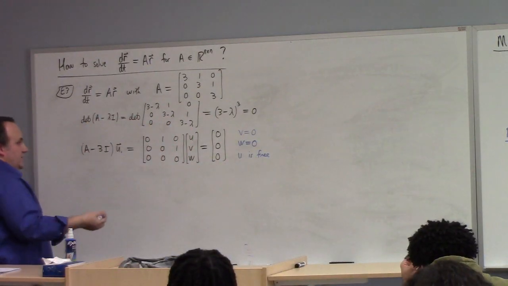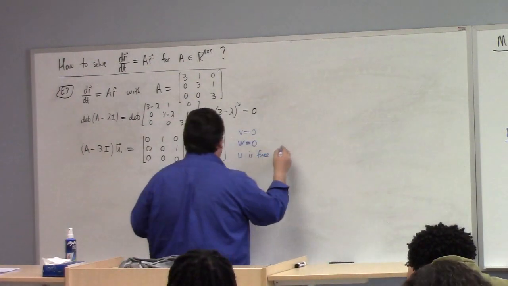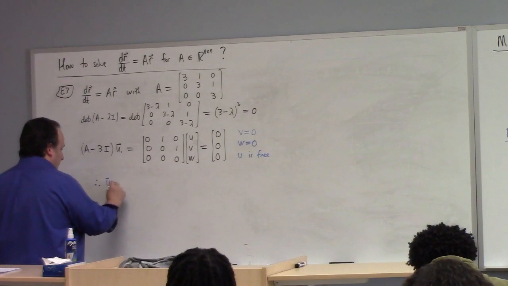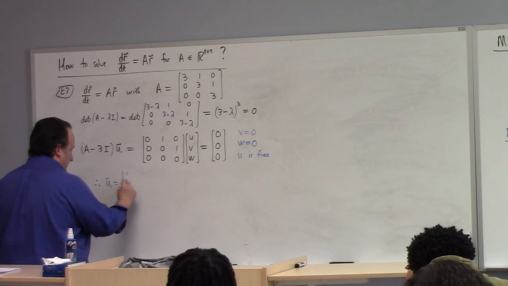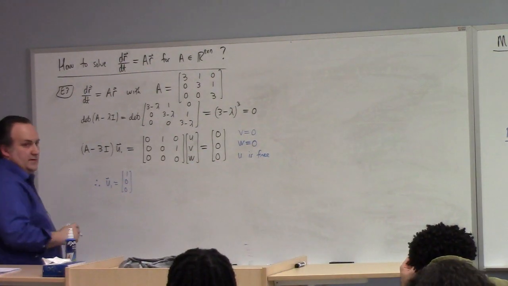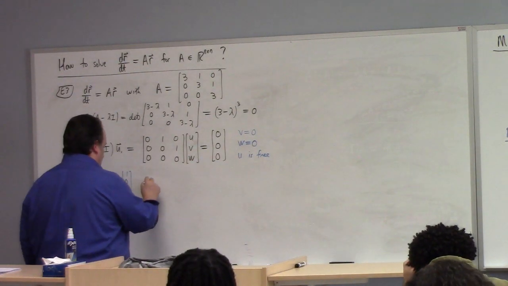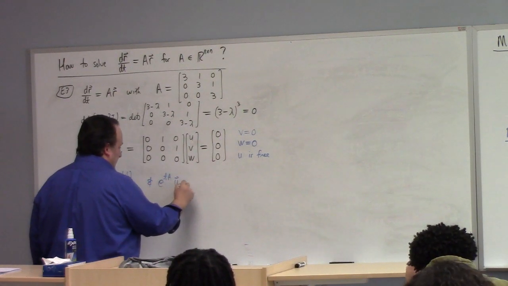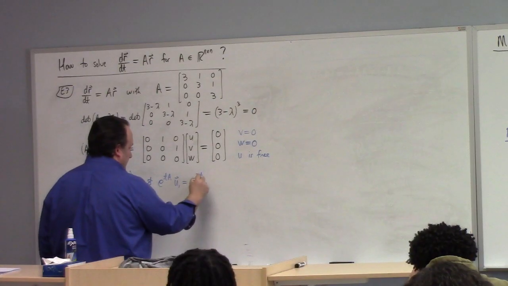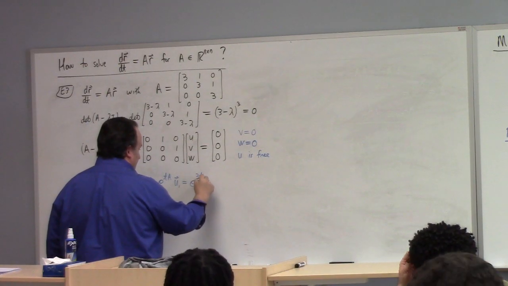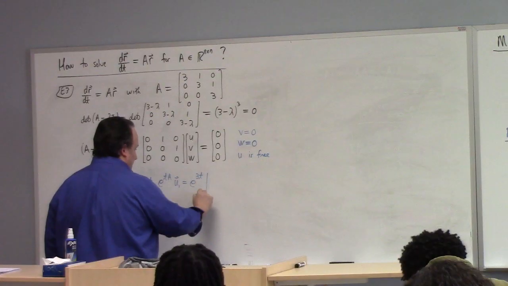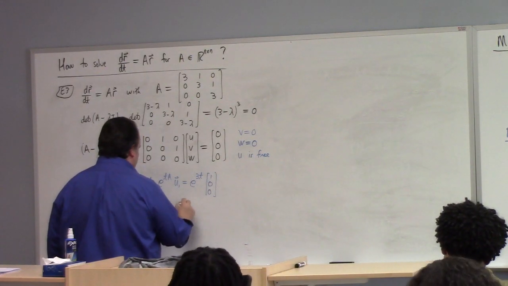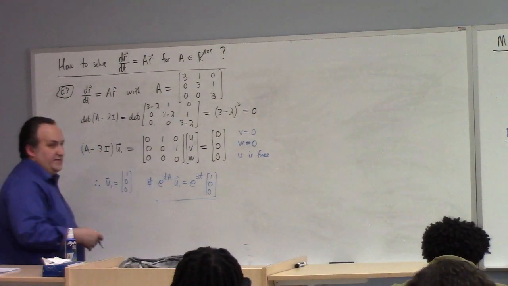So I can let u1 equal what? Yeah, I heard a 1, 0, 0. I like that. And we know that that's going to give me the solution e to the tA times u1, which is simply equal to e to the 3t times u1. This is going to be my eigensolution. I don't need to explain to you guys where that came from, because we worked it out in general.